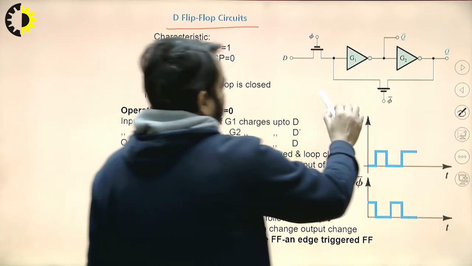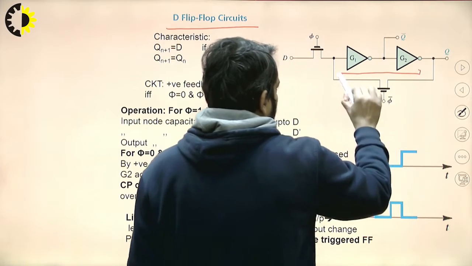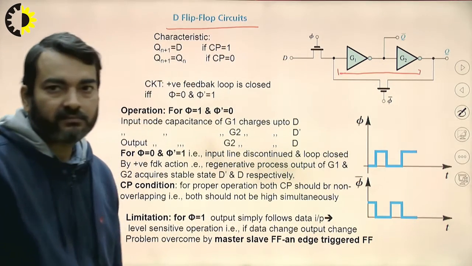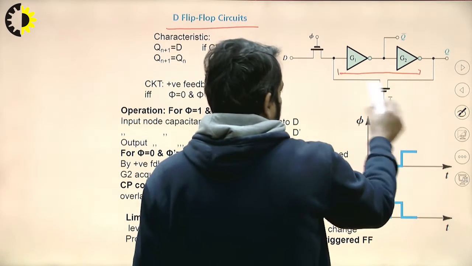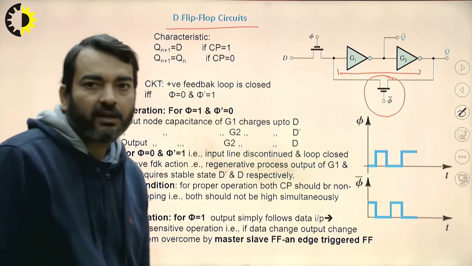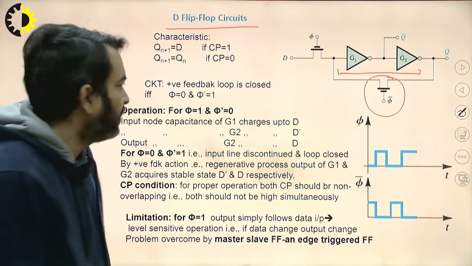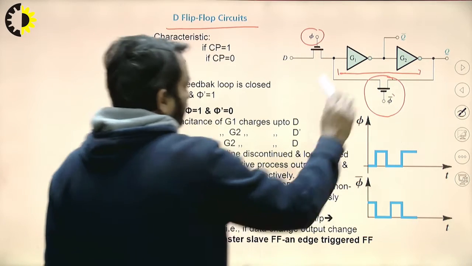This is the structure of the D flip-flop. Again we have two cross-coupled inverters, but here we have used a transistor over which we have given the complementary clock. This is the normal clock phi, while this is the complementary clock.